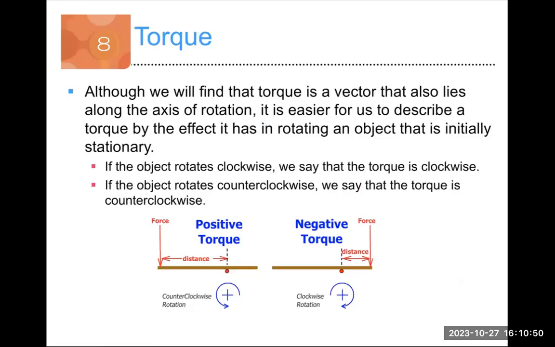So if we look at these two little pictures, if your object rotates clockwise, we say that the torque is clockwise, and it's a negative torque. If our object rotates counterclockwise, we say the torque is counterclockwise, and it's considered to have a positive torque.